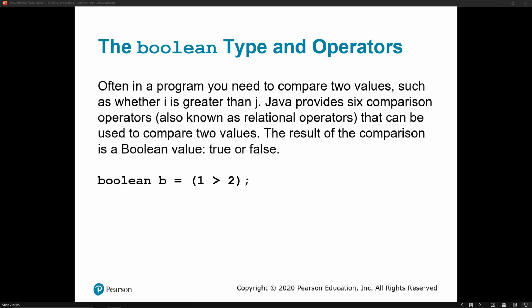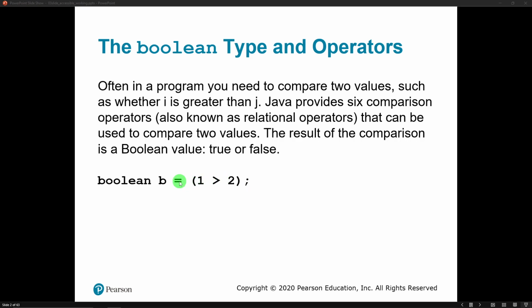The whole idea here is comparing two things together. Here's an example. 1 is greater than 2. Is that true or is that false? Well, we know 1 is not greater than 2, so this is a Boolean expression. Since it's a Boolean expression, it's going to compare the two numbers and evaluate it, in this case, as false.